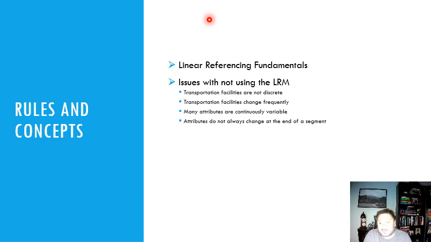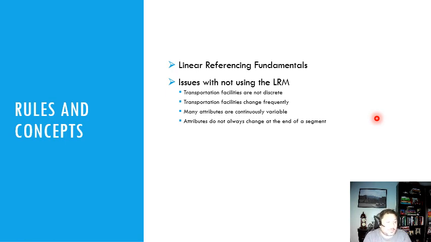Someone has to be given the task of telling the editor what was changed, how it was changed, and when the change took effect, and the editor has to provide the updated information to all of the users. So that's a big issue, the second one, that using the LRM, we'll see later, will solve.